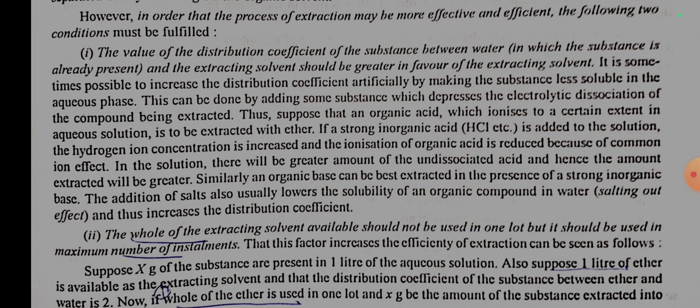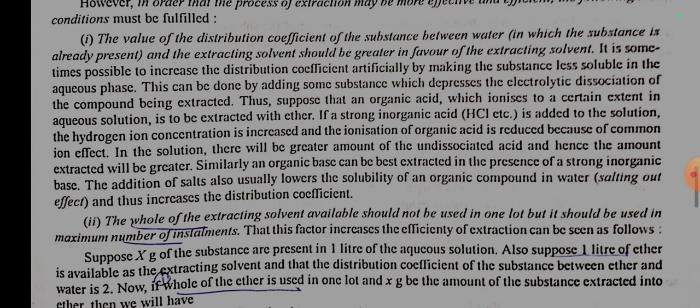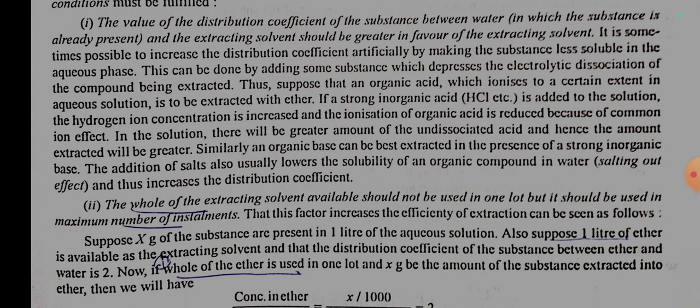The value of the distribution coefficient of the substance between water and the extracting solvent should be greater in favor of the extracting solvent. It is sometimes possible to increase the distribution coefficient artificially by making the substance less soluble in the aqueous phase. This can be done by adding some substance which depresses the electrolytic dissociation of the compound being extracted.